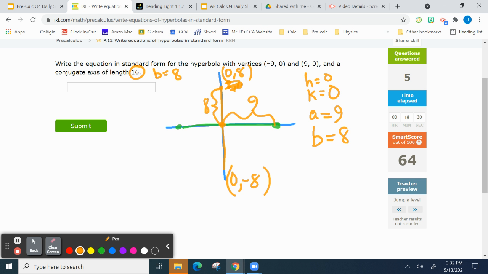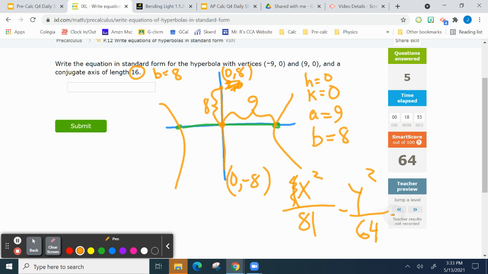And the vertices form a horizontal line, so it's like this. So it's going to be x squared over the A, 81, and now I'm doing it again. I can't stop. Minus y squared over B, which is 64, equals 1, and we're going to jump a level.